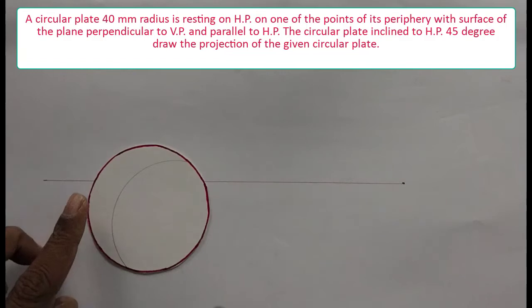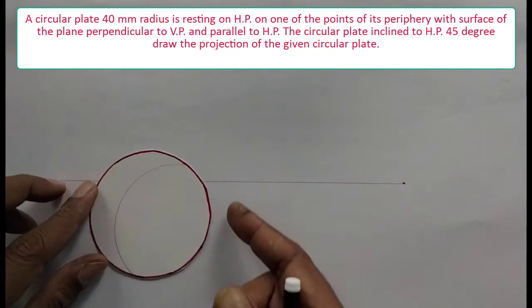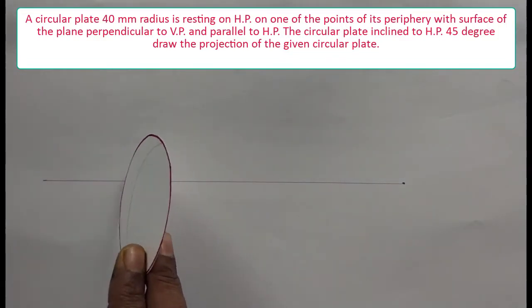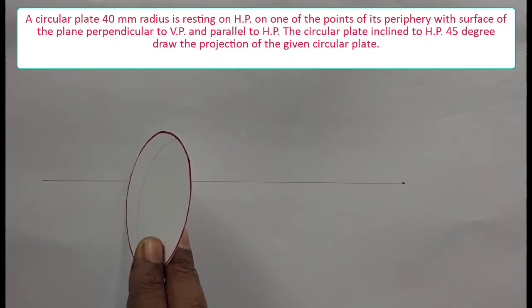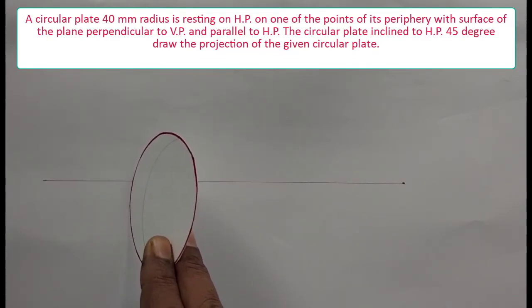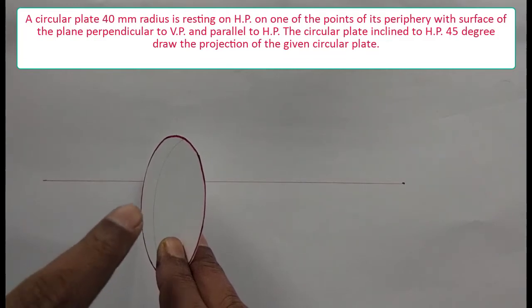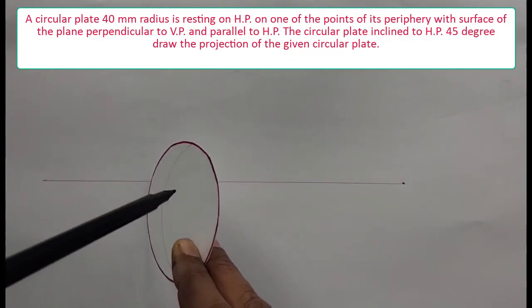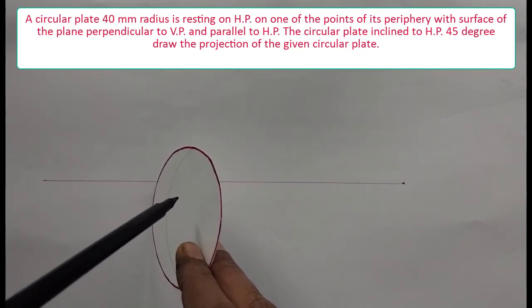Now your circular plate is inclined to HP. The elevation is an inclined line, but the top view is not a circle; it is an ellipse.